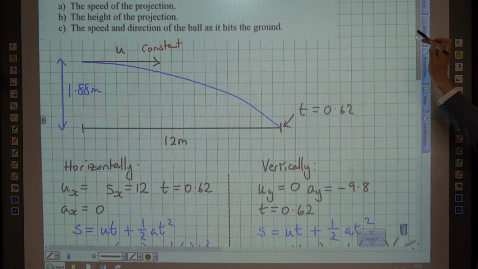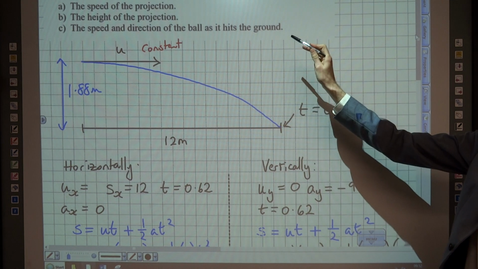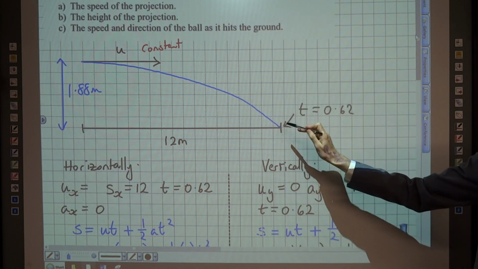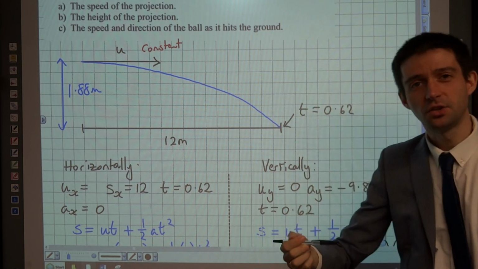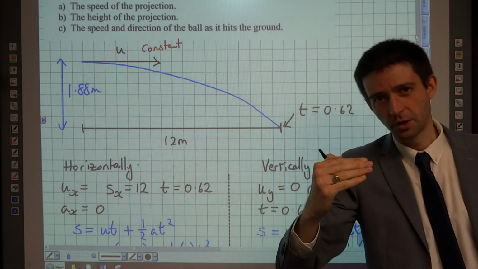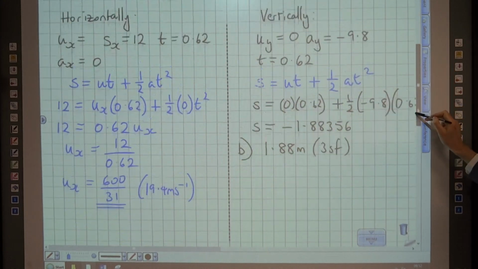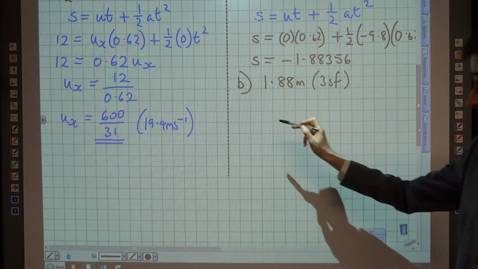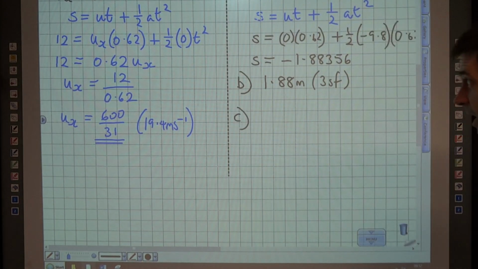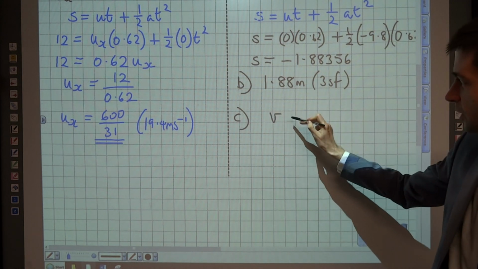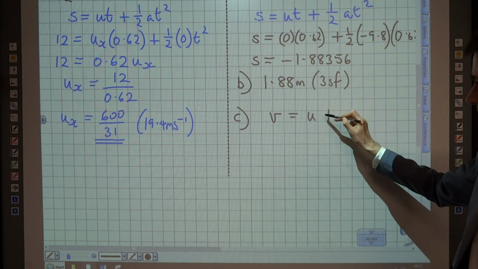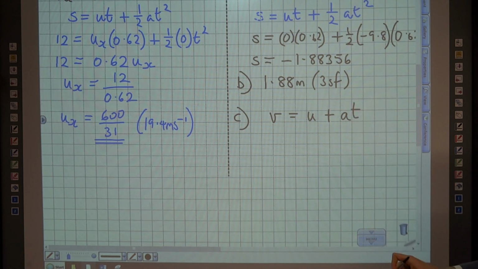Okay, part C is asking us for the speed and direction of the ball as it hits the ground. So we need to know the velocity here, but we need to know it in terms of a horizontal velocity, and also a vertical velocity. So I'm going to stick on the right hand side of my board because I'm still working vertically, part C, and I need to know the velocity vertically. So I'm going to use V equals U plus AT.